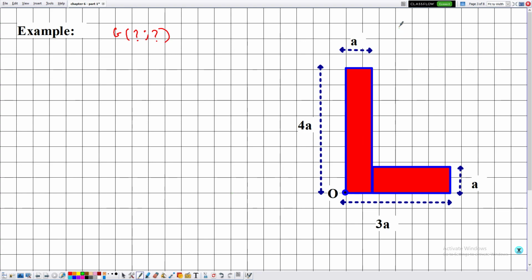Let me write here the steps. Step 1, choose a reference system. Step 2, locate G_i. What does G_i represent? The center of gravity of each body of the system. Step 3, write the barycenter formula. Step 4, project.